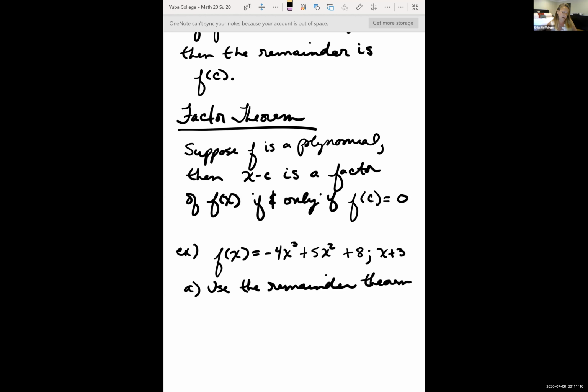So first it says use the remainder theorem to find the remainder when f of x is divided by x minus c.